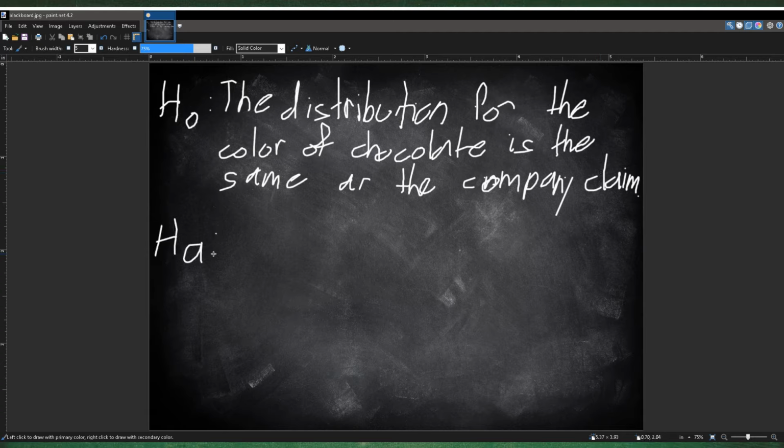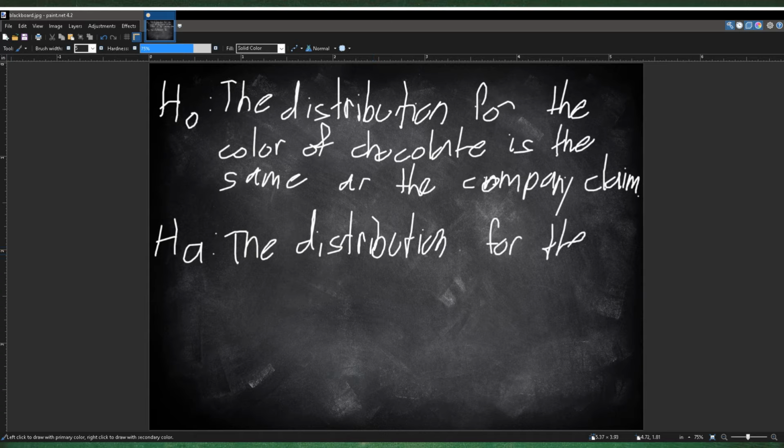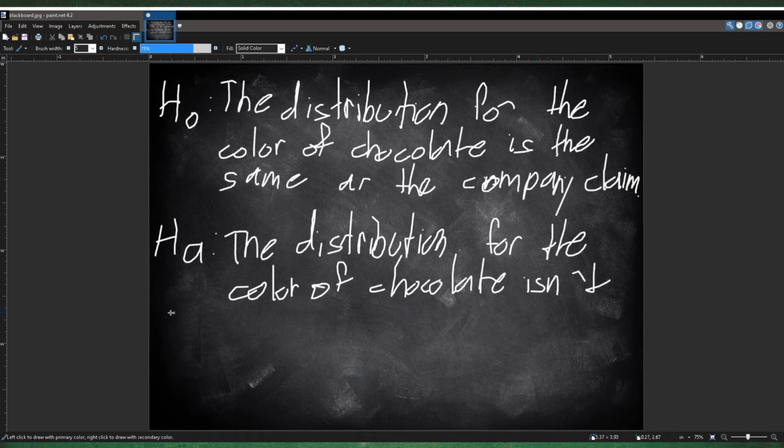And then we have the alternative hypothesis, which says the distribution for the color of chocolate isn't the same as the claim.